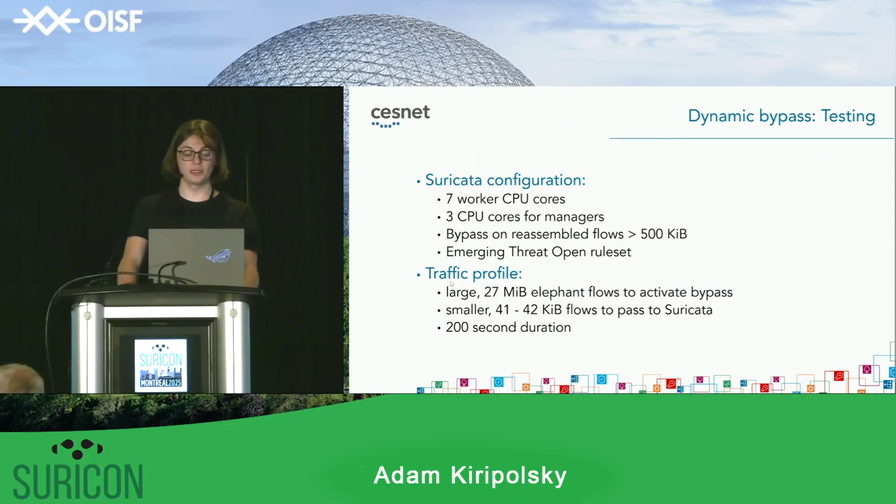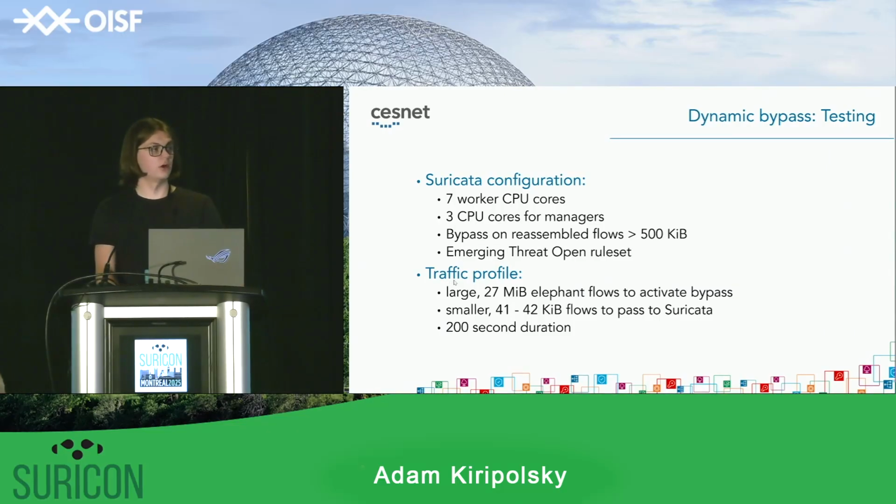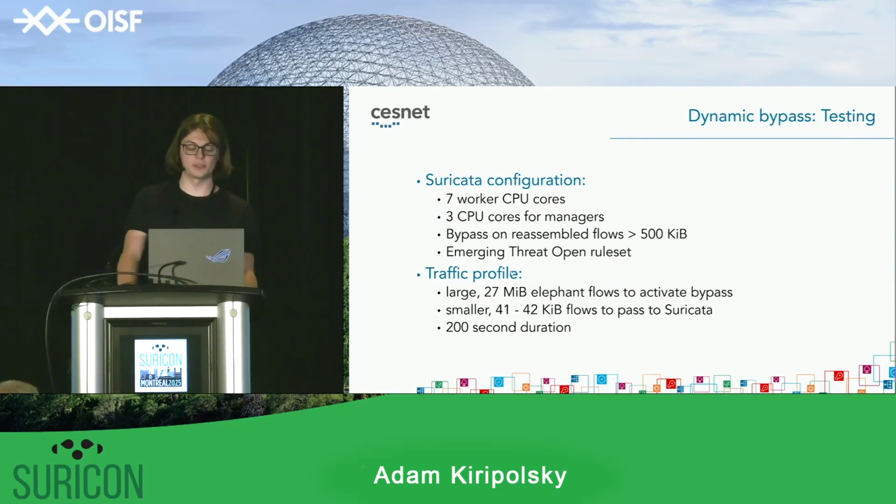As for the traffic profile, we are using 27 megabyte large elephant flows that were supposed to activate the bypass, and above 500 kilobytes be bypassed in the hardware, and smaller 41 to 42 kilobyte HTTP flows that were supposed to be actively analyzed by Suricata.